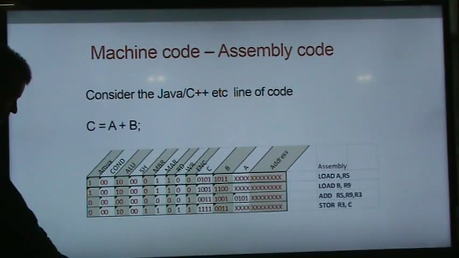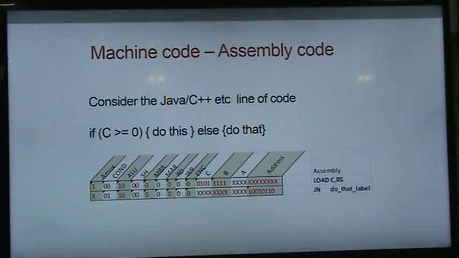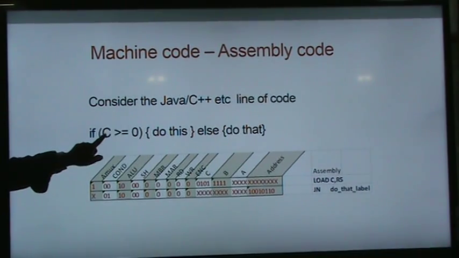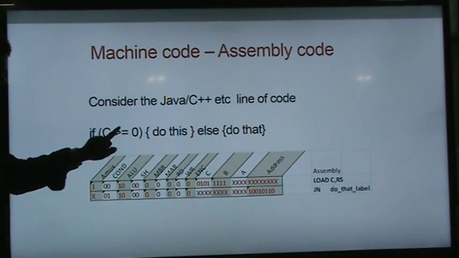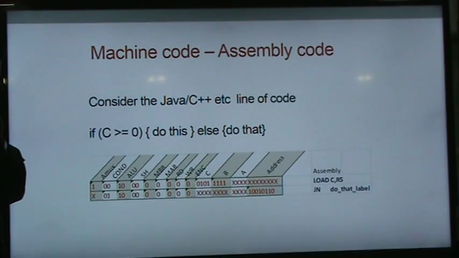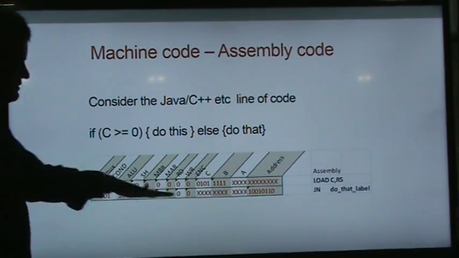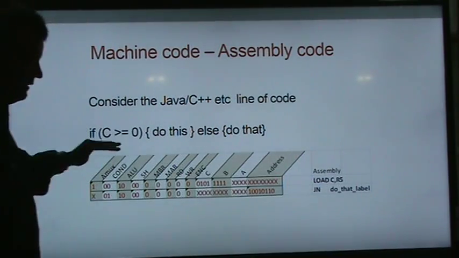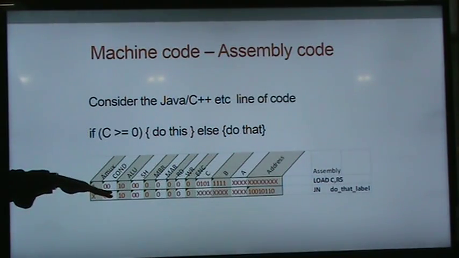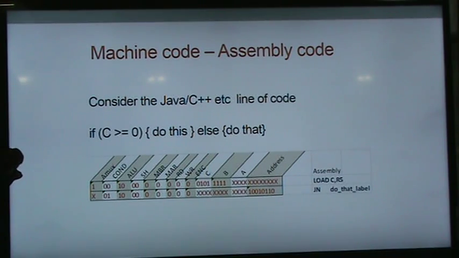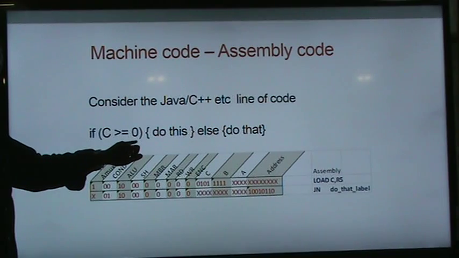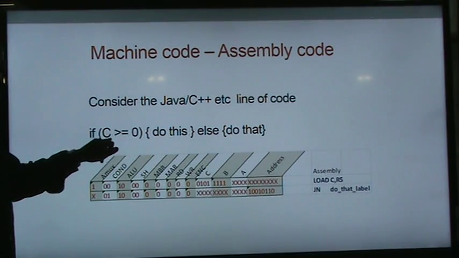So if we have an instruction like this, if C is greater than or equal to 0, what could we do? Well, we could load C into the ALU, and if the value of C was negative, then this statement is false, right?